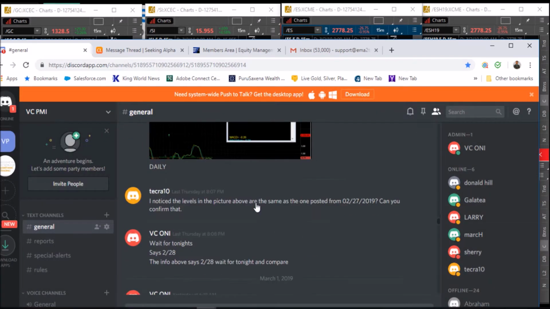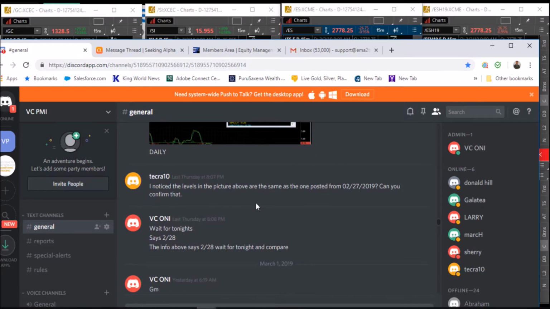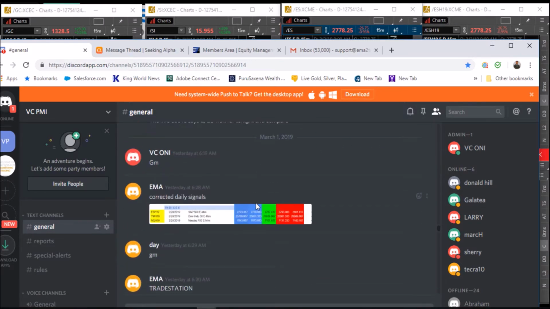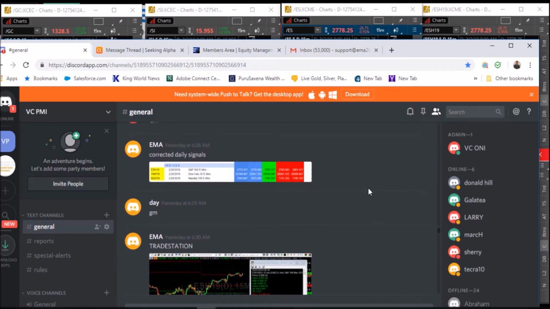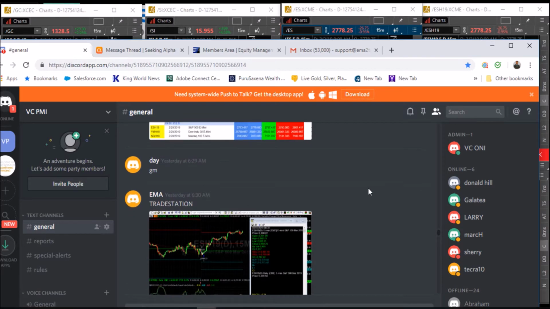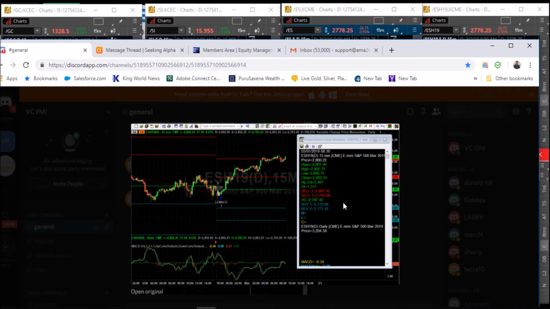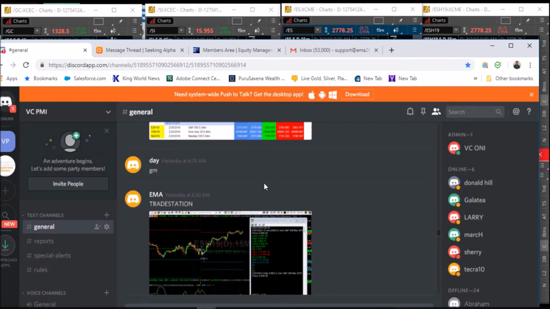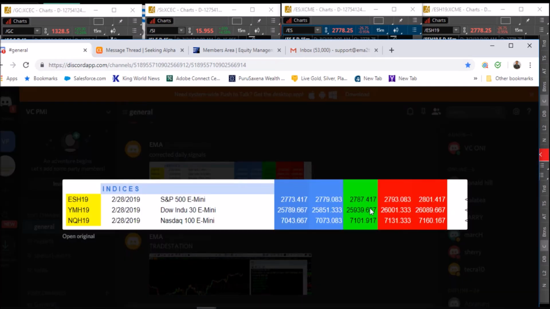It's the initial data, and we look into the numbers once they are validated and confirmed, and we use the TradeStation automated indicators to validate the artificial intelligence of the VCPMI, as well as, of course, the spreadsheets that we post for self-directed traders on our website by approximately 9 o'clock Pacific Standard Time.